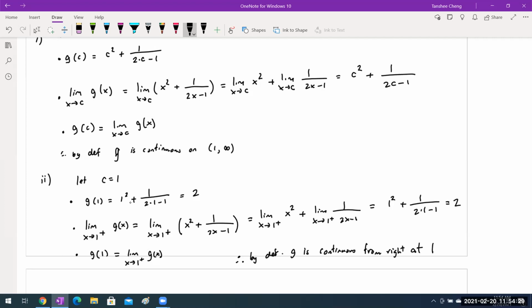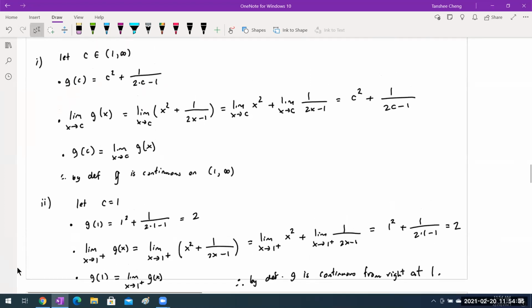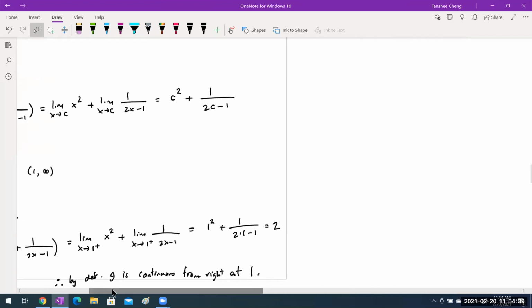It's very important that you indicate it correctly. Then with these two conditions that we proved already, now we can say that it is continuous. So finally, I can say that g is continuous on [-1, positive infinity), where 1 is included.